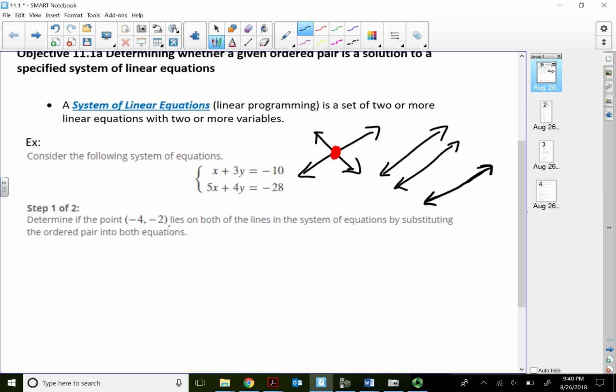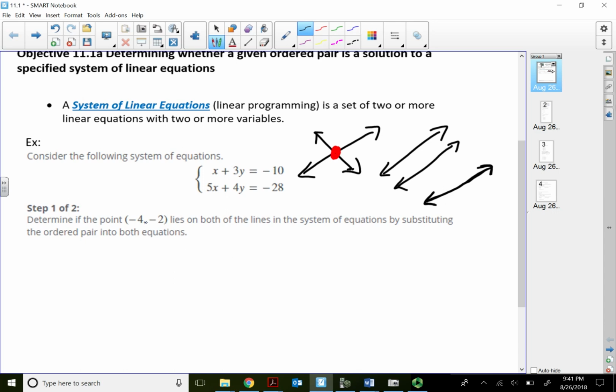If I substitute negative 4, negative 2 into the second equation and it equals negative 28, then this line also carries that point. If both lines carry the same point, then that's where they intersect, and the point of intersection is exactly what I'm looking for. That x value and that y value will satisfy the entire system.